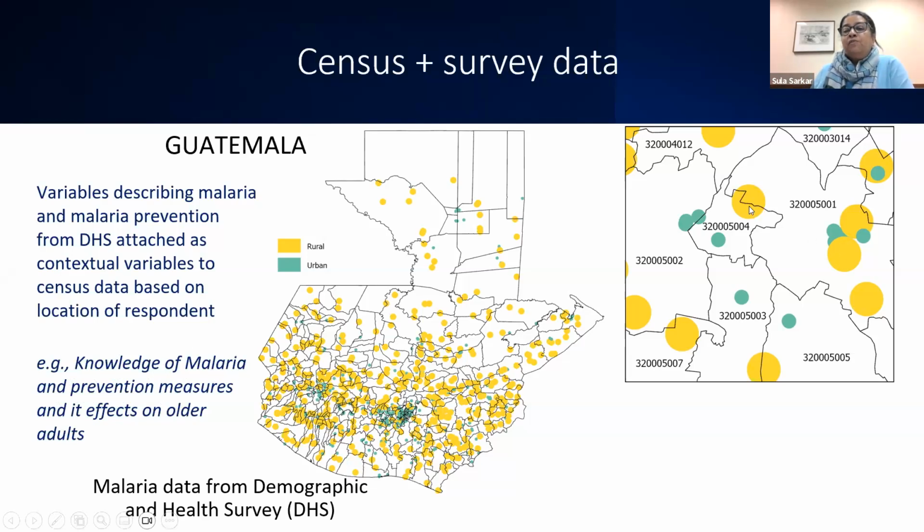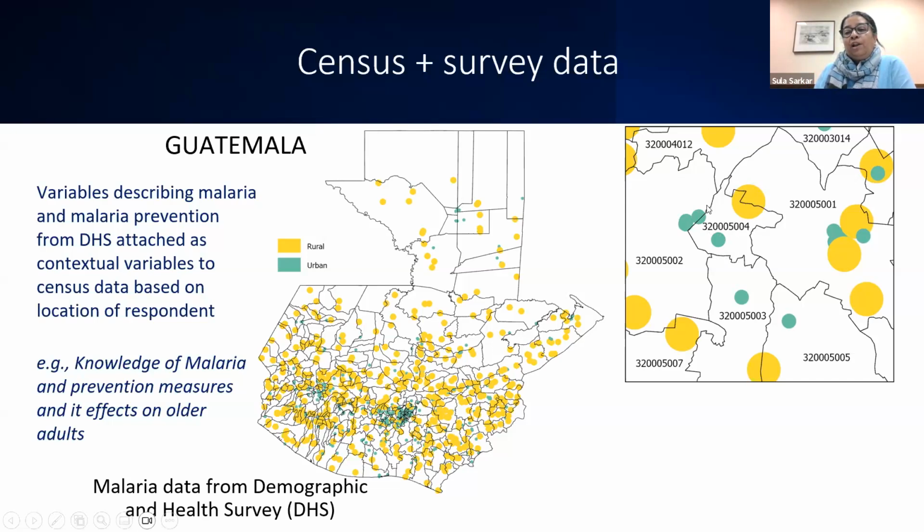DHS provides GPS clusters, which are displaced by 2 kilometers for urban areas and up to 5 kilometers for rural areas. A few of the coordinates are displaced by 10 kilometers, which we are not displaying in this map. Anything in green is an urban coordinate, 2 kilometers. Anything in yellow is a rural coordinate, which is 5 kilometers.